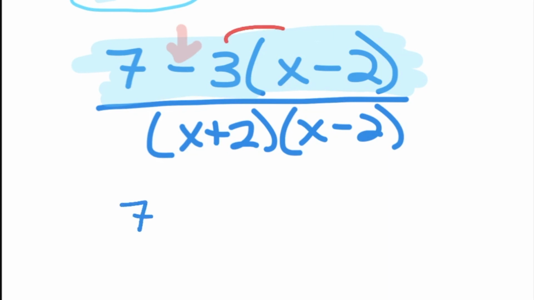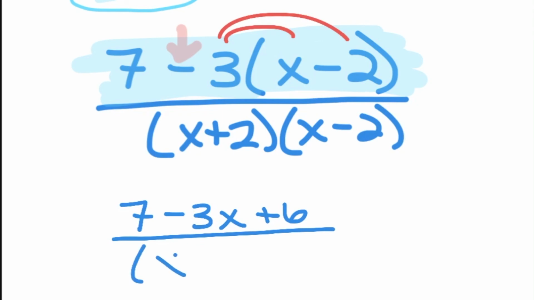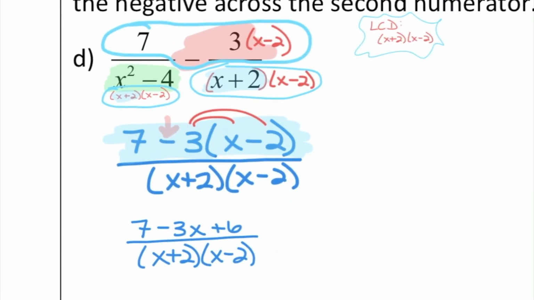So that means distribute the negative 3. So now I've got 7 minus 3x plus 6 over my least common denominator, which doesn't change, x plus 2 times x minus 2. Now I want you to stop for a second and just look close and make sure you understand why that's plus 6 and not minus 6.